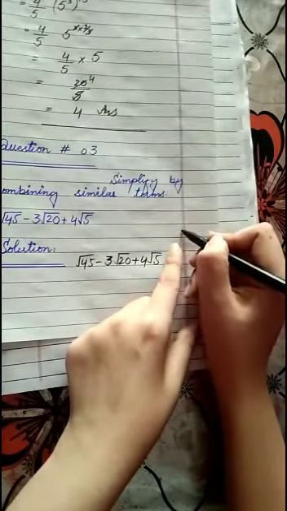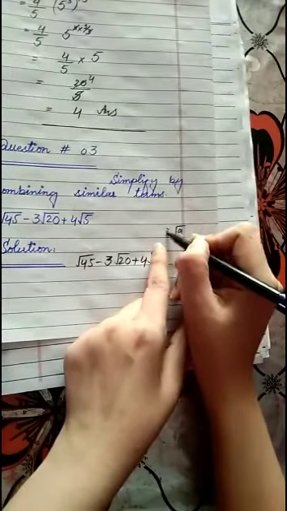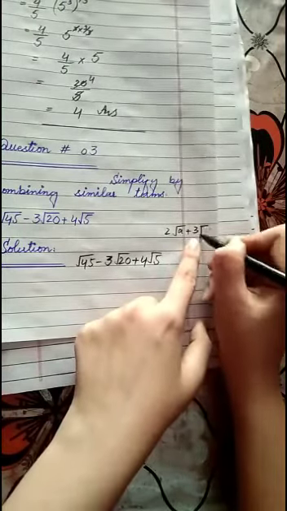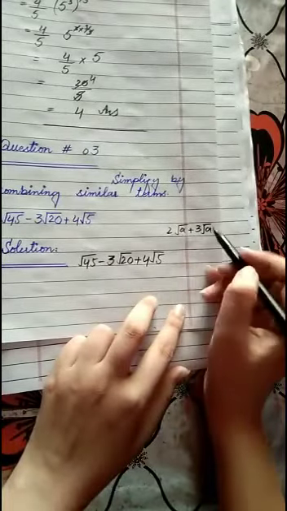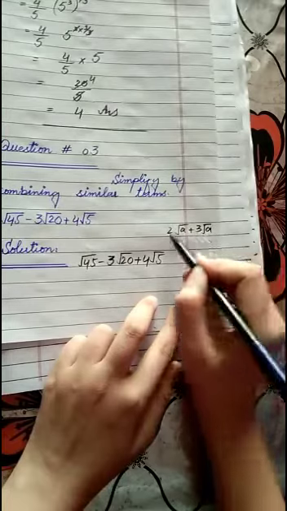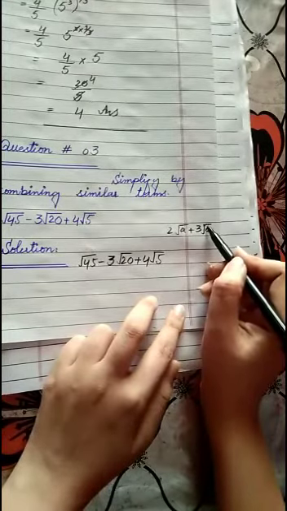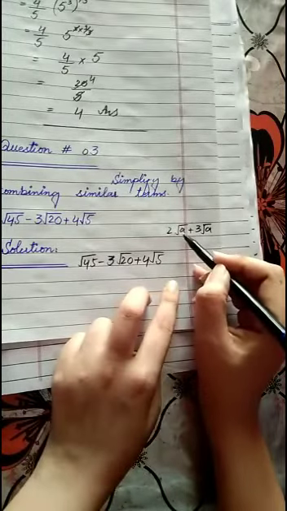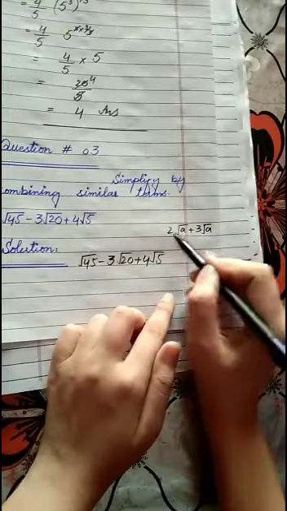For example, 2 into square root a plus 3 into square root a. If radicands are the same, then we can add these. If radicands are not the same, then we can't add. So first of all we have to try to make the radicands equal to each other, then we can solve.